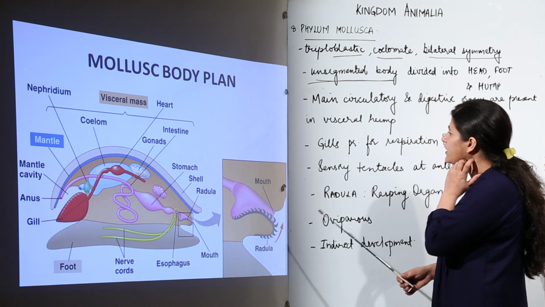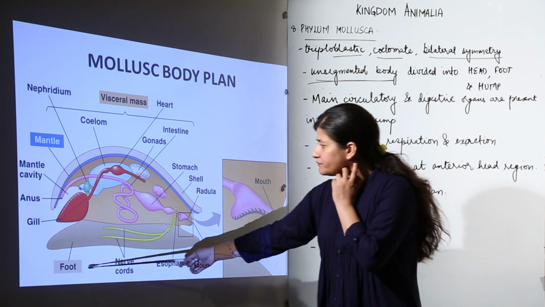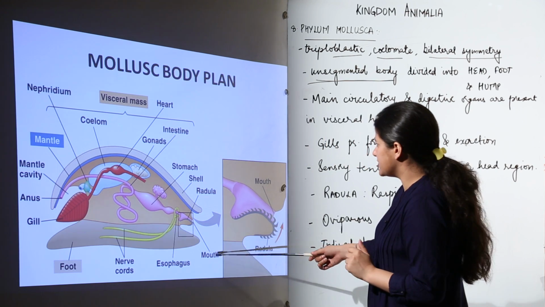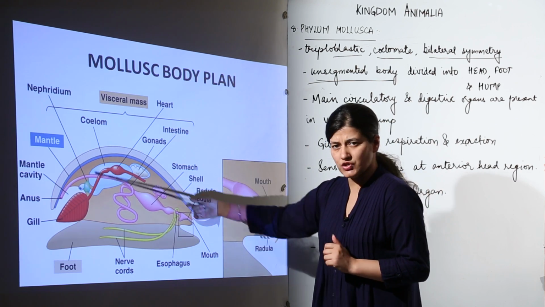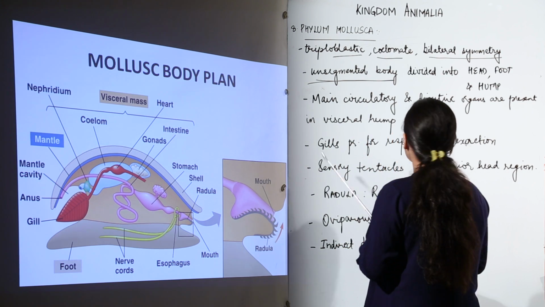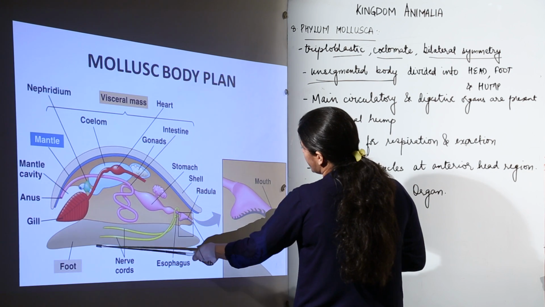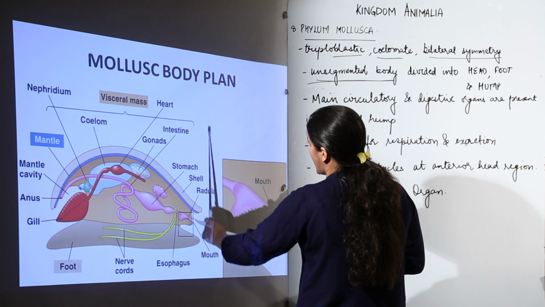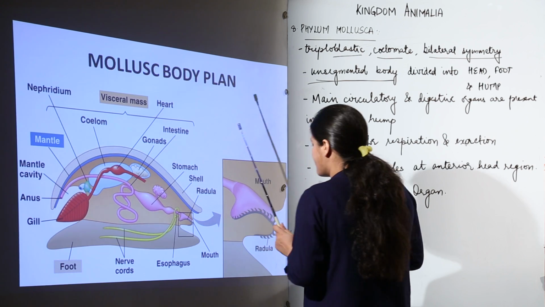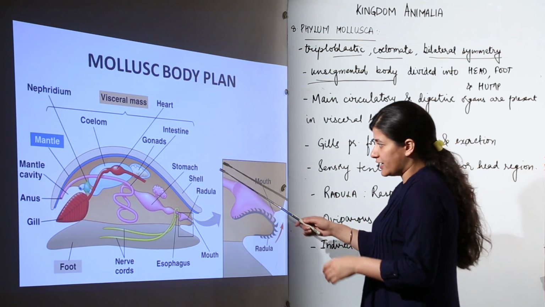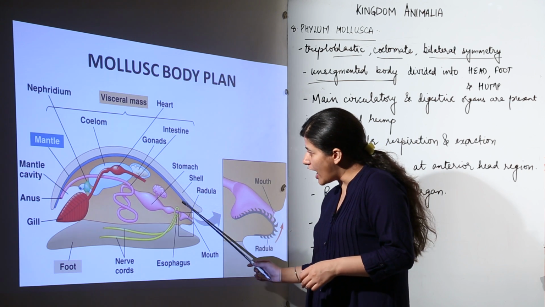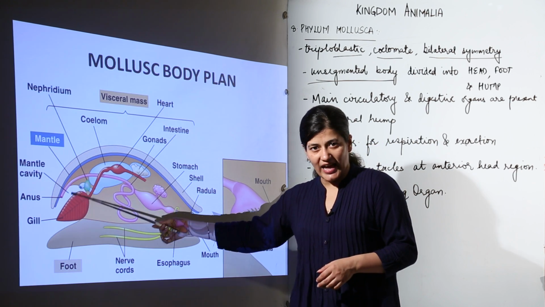Now, we have a foot, as you can see over here, there is a mouth, there is a visceral hump that is present. You have to see that the foot is ventral, the visceral hump is dorsal.